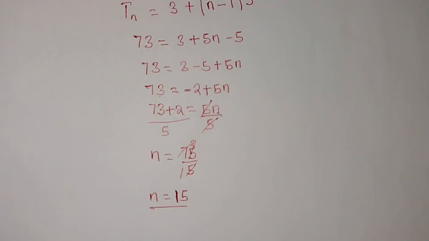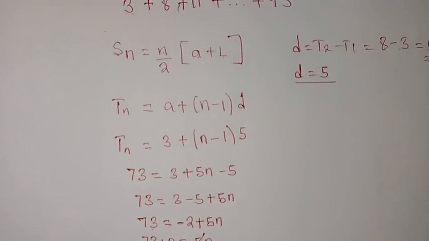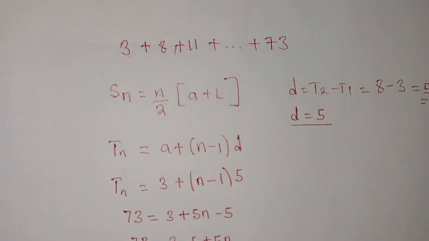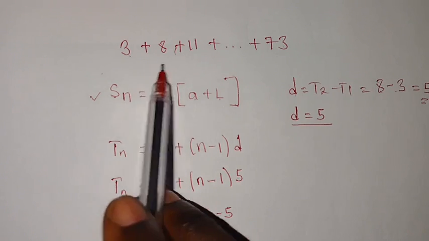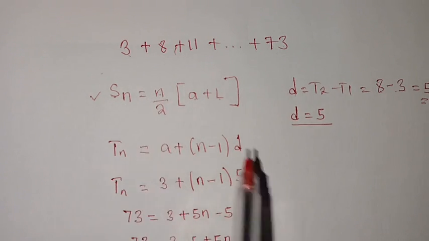Upon finding the value of n, we can now come back to our formula, which is this one. We need to find the sum of this arithmetic series by using this formula.